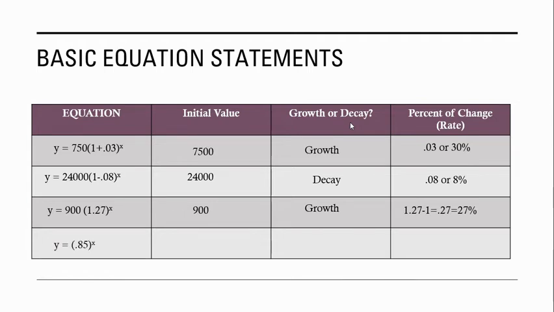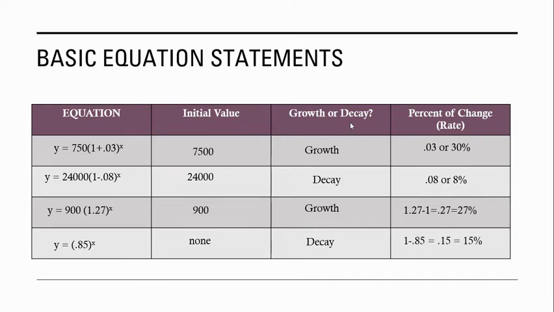y is equal to 0.85 to the exponent x. What is our initial value? There's none. There's nothing in front of our base. Is this a growth or decay curve? Yes, it is a decay curve. What is our percent of change?